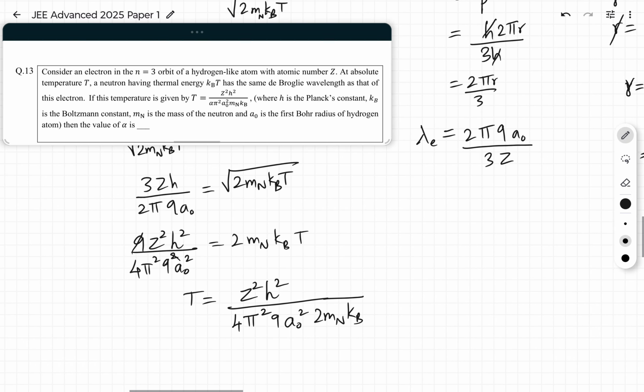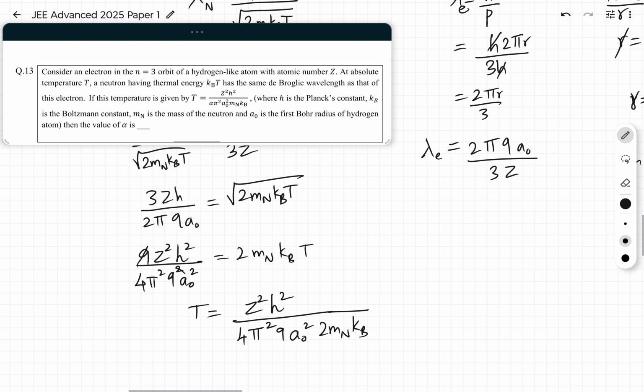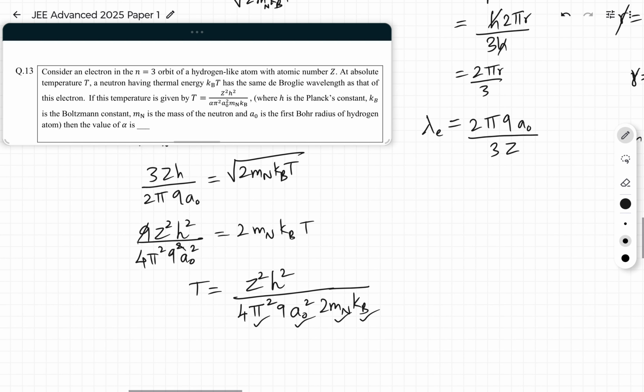Okay, so this expression now looks like the expression given in the question. T equals Z squared h squared by alpha pi squared a naught squared mn kB. All the other numbers together are alpha, so alpha will be 4 times 9 times 2, which will be 72.